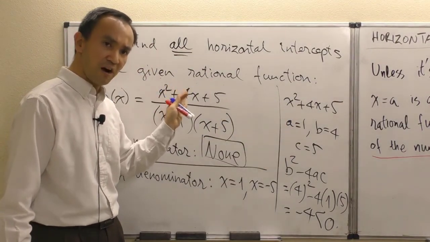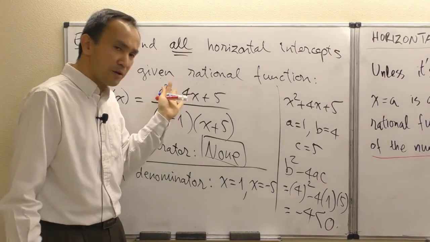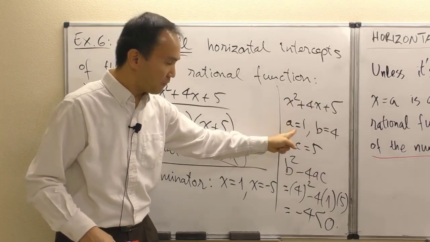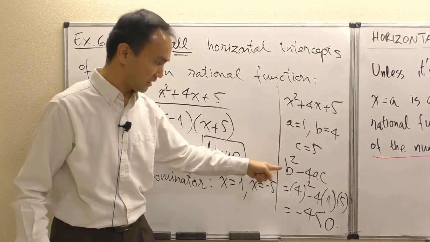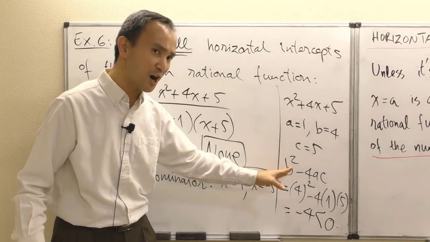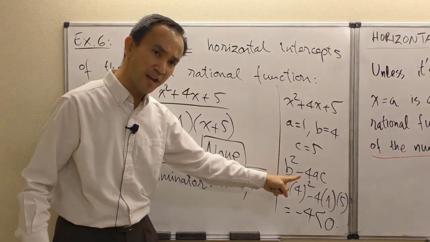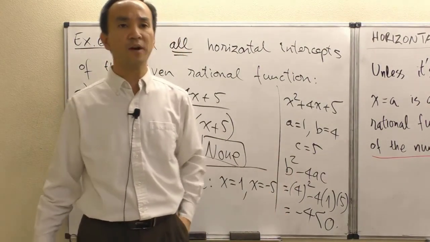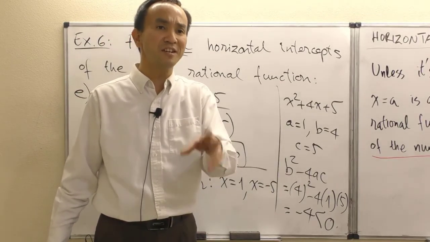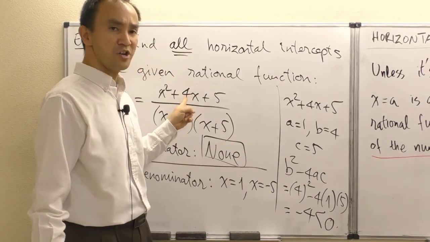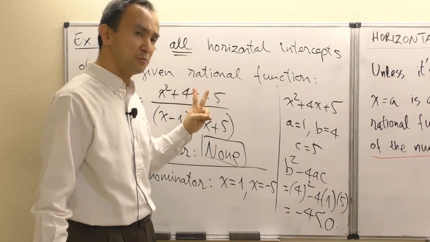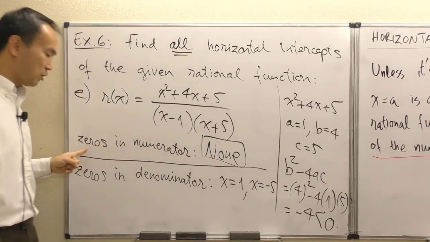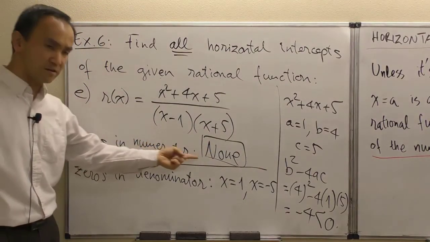Specifically, for this polynomial in the numerator as a quadratic, with the a coefficient, the b coefficient, and the c coefficient, we discovered that the b squared minus 4ac turns out to be negative. And having a negative b squared minus 4ac is a way to confirm that this degree 2 polynomial has no zeros. So that's why I'm saying zeros in the numerator: none.